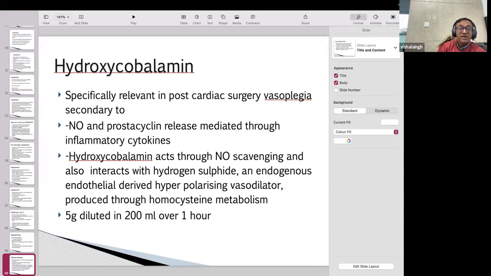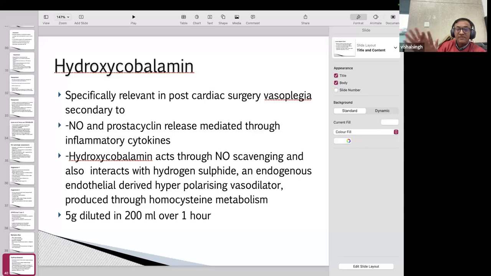Similarly, hydroxocobalamin, specifically relevant in post-cardiac surgery vasoplegia secondary to the NO and prostacyclin release mediated through inflammatory cytokines in the post-op phase. It acts through NO scavenging, and interacts with hydrogen sulfide and the endogenous endothelial-derived hyperpolarizing vasodilator produced through homocysteine metabolism.